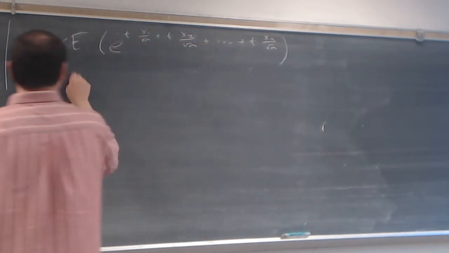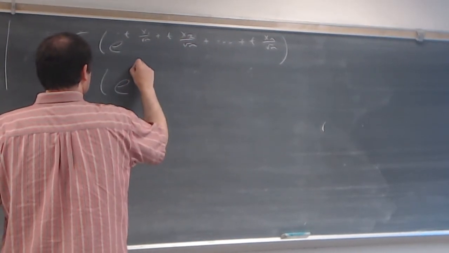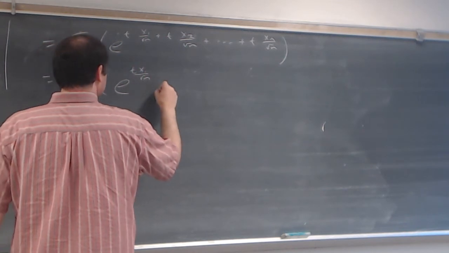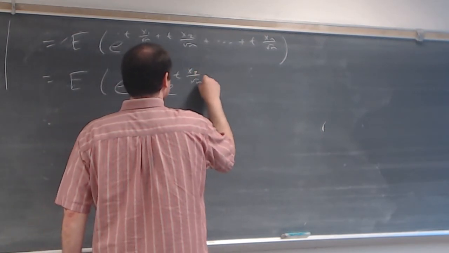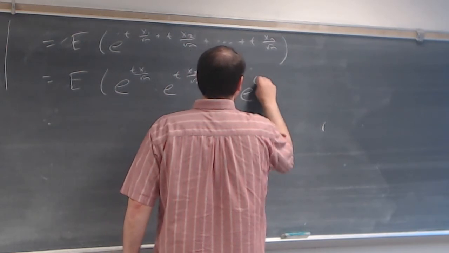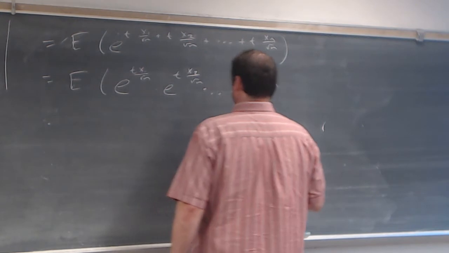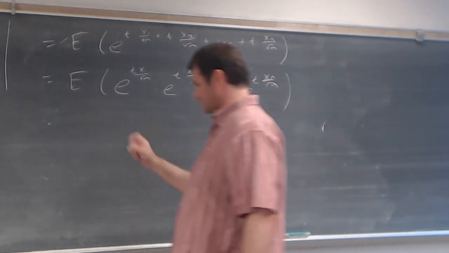And that's the same thing as the expected value of e to the t x sub 1 over the square root of n times e to the t x sub 2 over the square root of n, and so forth, times e to the t times x sub n over the square root of n. Okay, just using laws of exponents.